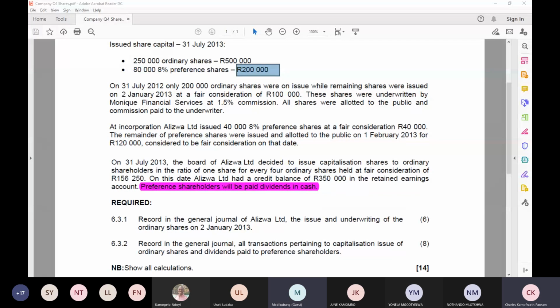Hi, sir. The first issue of preference shares, did they receive 40,000? The very first one, yes. And they say the remainder is 120, so isn't it 160? What do you guys think?